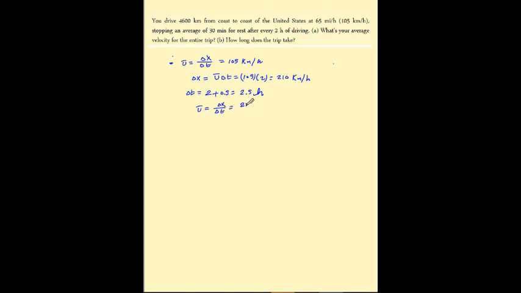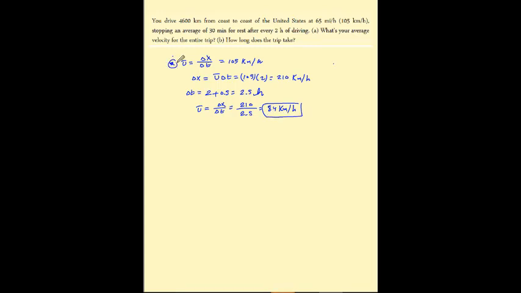In this case delta x is 210 and delta t is 2.5, and this is equal to 84 kilometers per hour. And this is the average velocity for the overall trip, because the average velocity for each driving time is constant and the stopping time is always 0.5 hours for each 2 hours of driving.